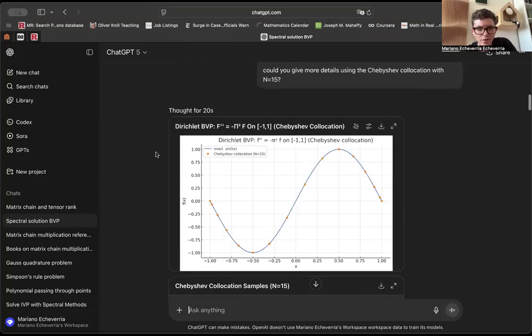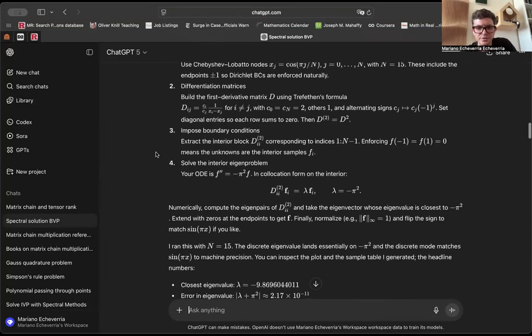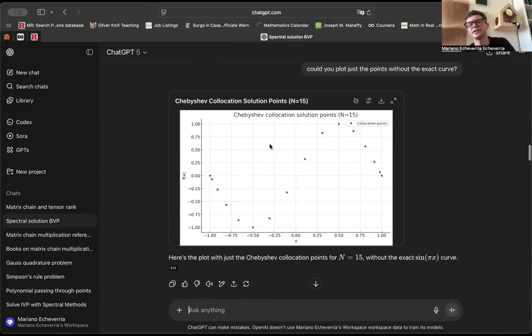So for example, if you do this with 15 nodes, you would find the differentiation matrix for those nodes. You square the differentiation matrix. You impose the boundary conditions at y0 and y15, and then the rest of the points are these ones that you see here.